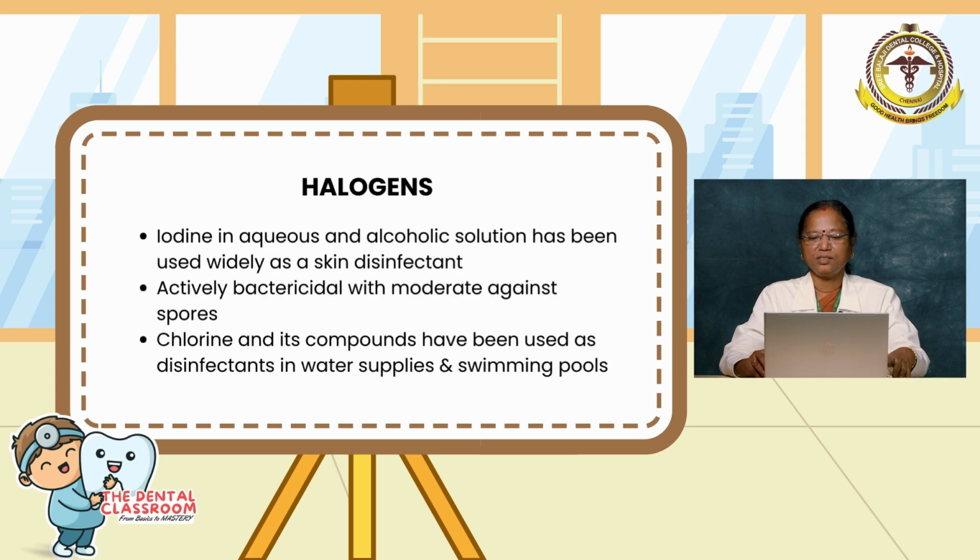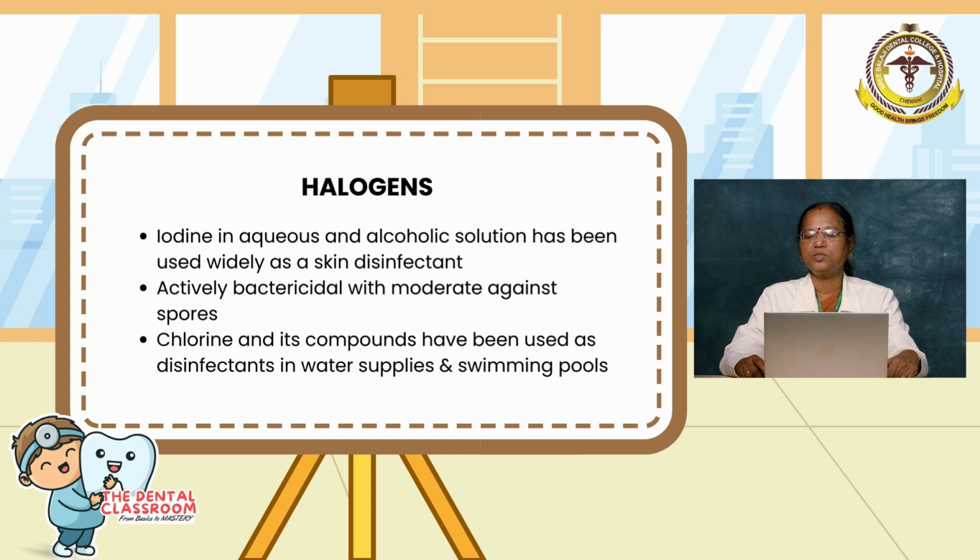Next is halogens. You all know there are different types of halogens like iodine, bromine and chlorine. Bromine of course is never used in any disinfection protocol. Only iodine and chlorine are used. Iodine is used in the form of iodophores, and in aqueous and alcoholic solution it has been widely used as a skin disinfectant. Next to spirit and methyl alcohol, iodine also is used as a skin disinfectant, and it is actively bactericidal with moderate action on spores.